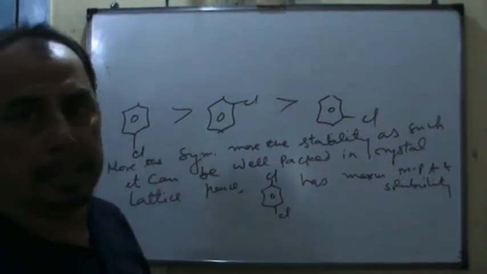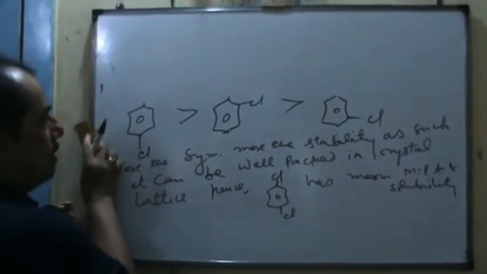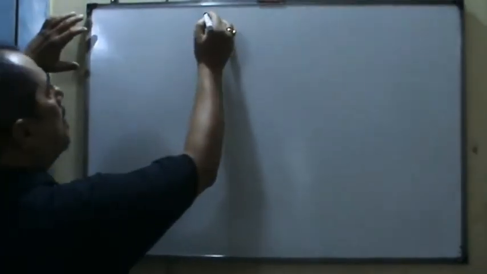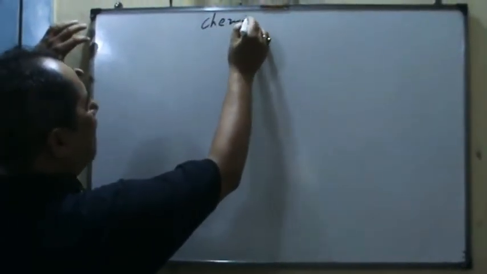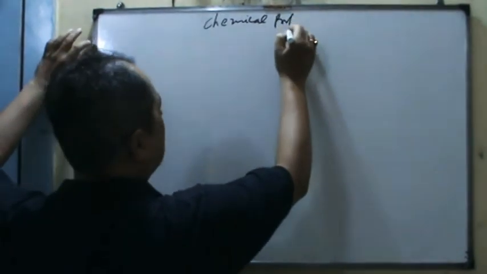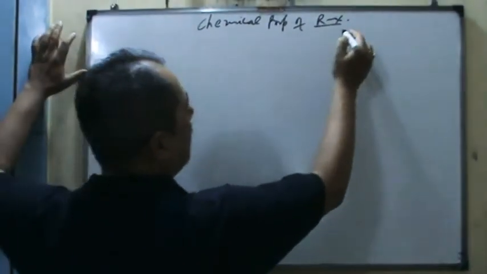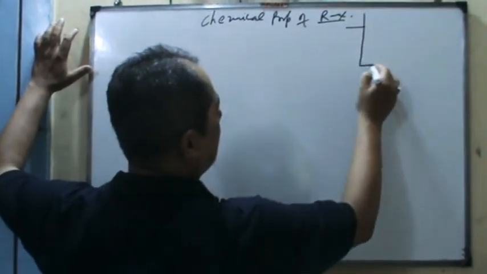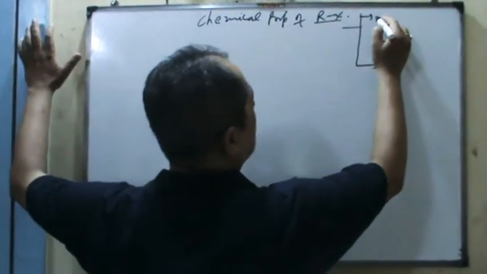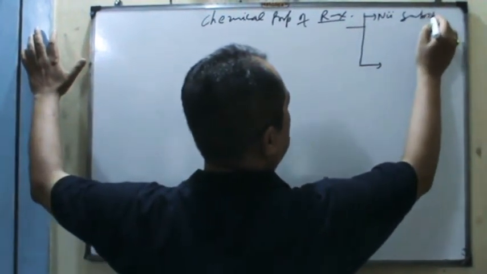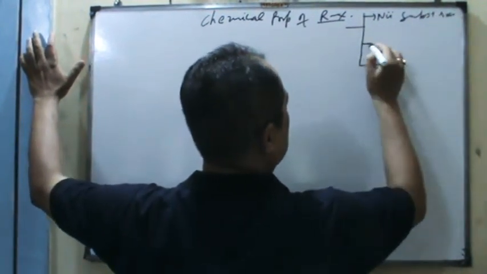So may I proceed to the next, the chemical properties. So far as chemical properties are concerned, I take separately the chemical properties of RX, I mean alkyl halide. It gives three types of reaction. First is the nucleophilic substitution reaction.